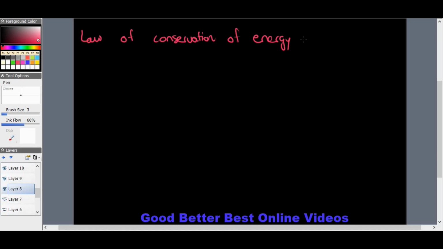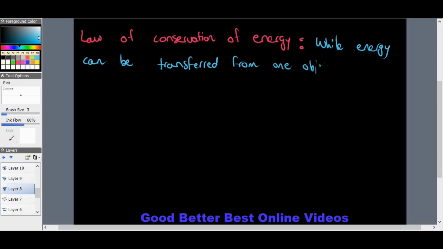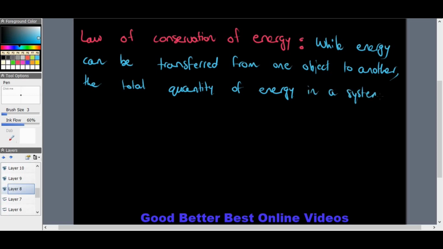This is what it states: while energy can be transferred from one object to another, the total quantity of energy in a system remains constant, or remains the same.